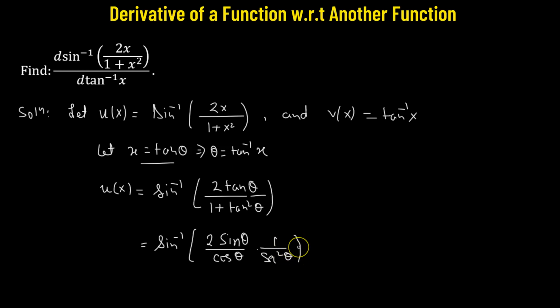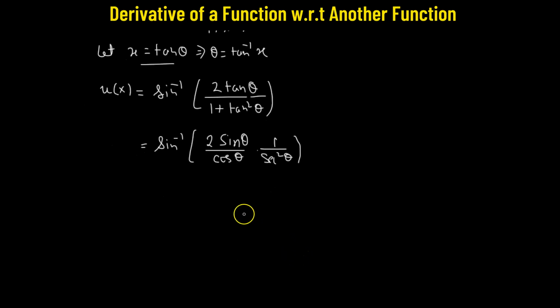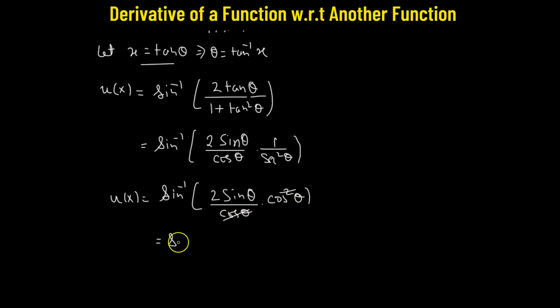That means we have u of x equals inverse sine of 2 times sine theta divided by cosine theta. The 1 over secant squared theta will become cosine squared theta. One cosine theta from the numerator and one from the denominator goes away. That gives us sine inverse of 2 times sine theta times cosine theta.